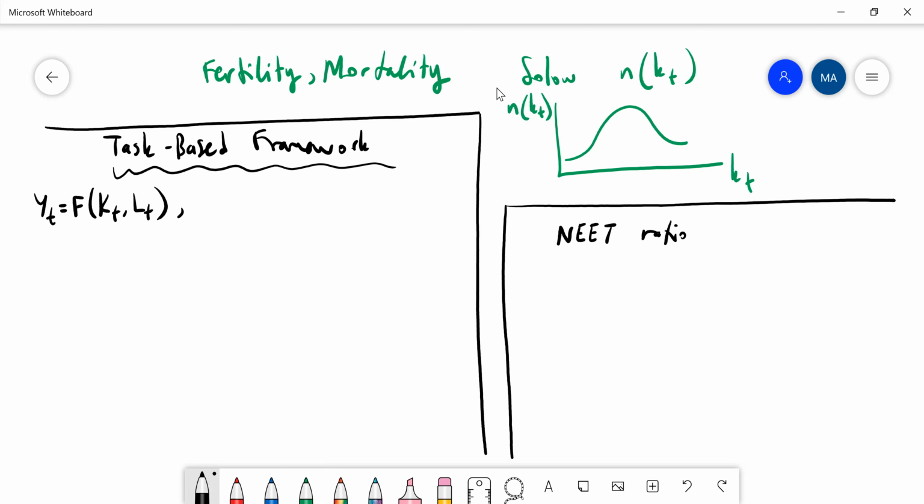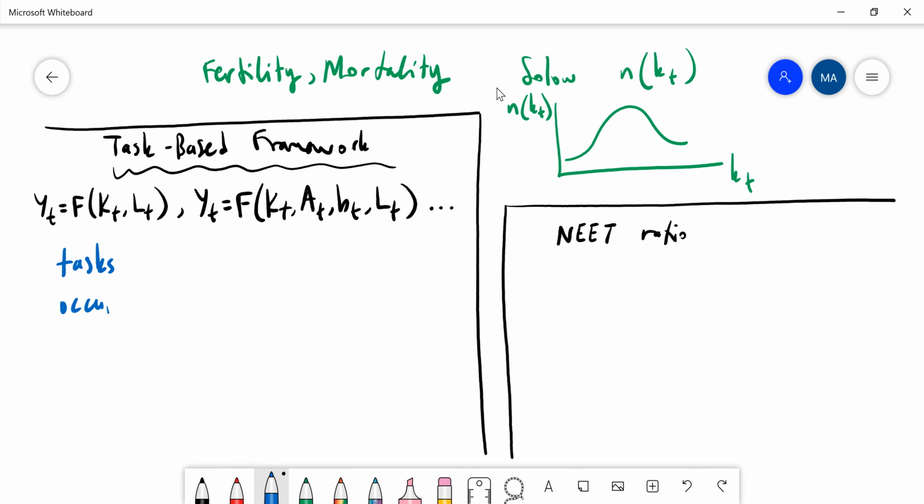Even if we extend our framework with technology and human capital, this is still a classical approach. Now the task-based framework differentiates different types of tasks and occupations.